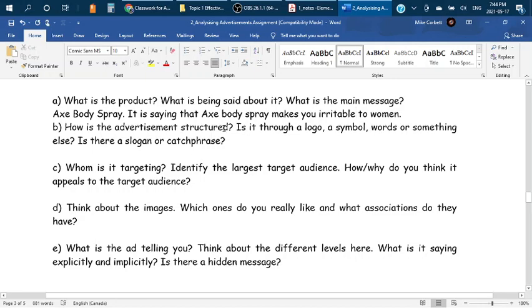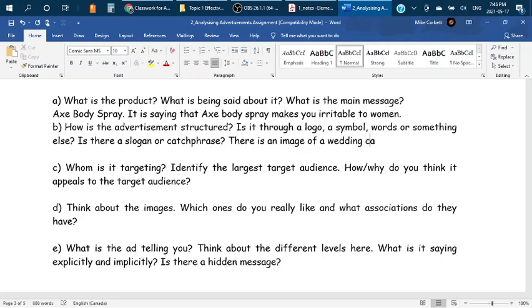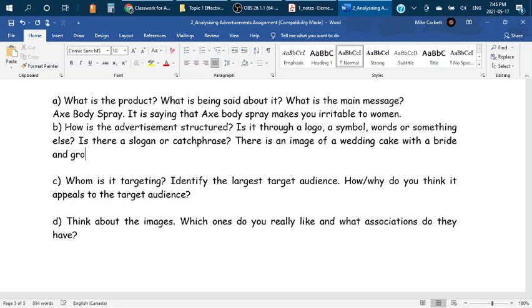So how is the advertisement structured? There is an image of a wedding cake with a bride and groom and other women climbing up to get the groom because he smells good.